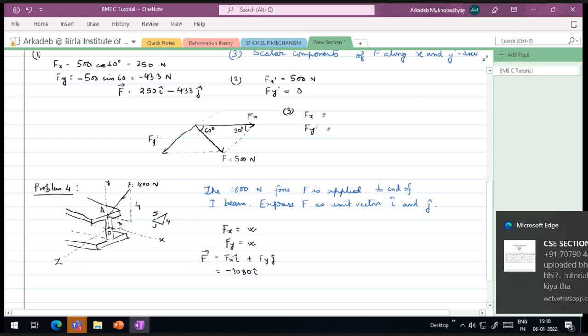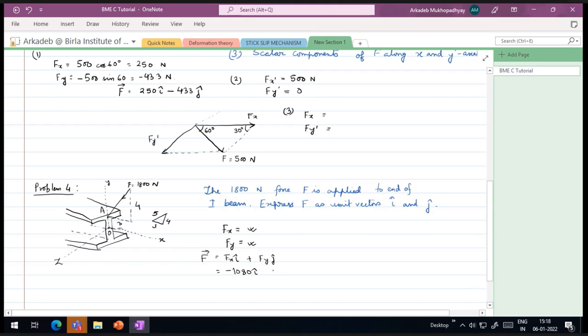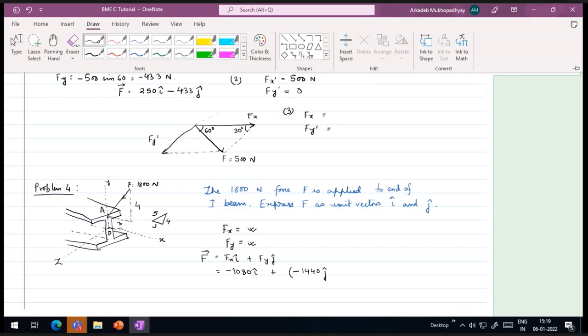Along this direction, you are going to have the X force plus or minus. Minus. Minus 1440 j cap, right? I'll just erase this one.